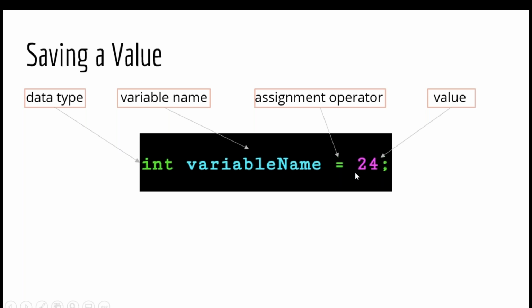In this case, I've chosen a number 24. So this is exactly the structure of a variable and how we can save the value, and we can assign our proper data to our variables.